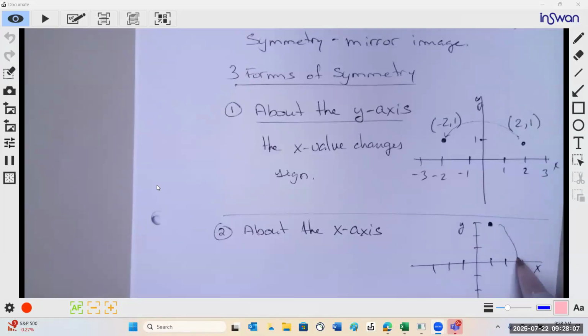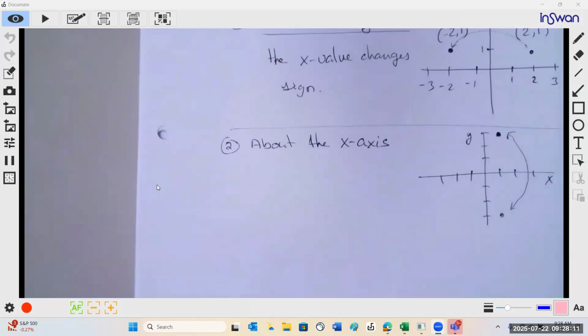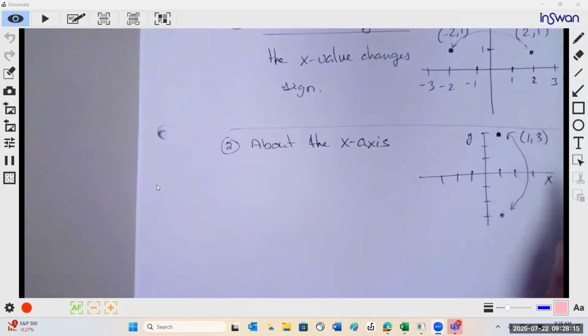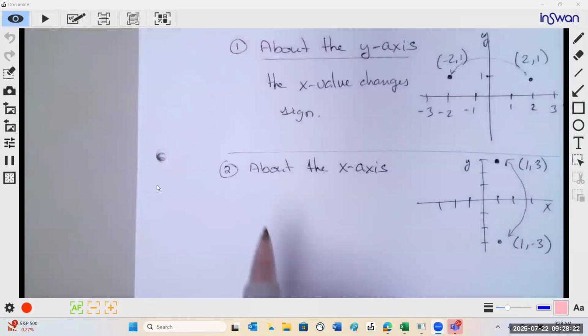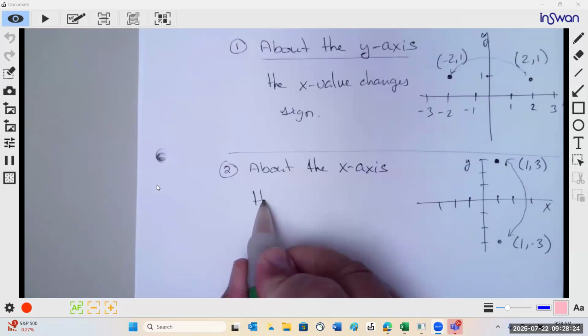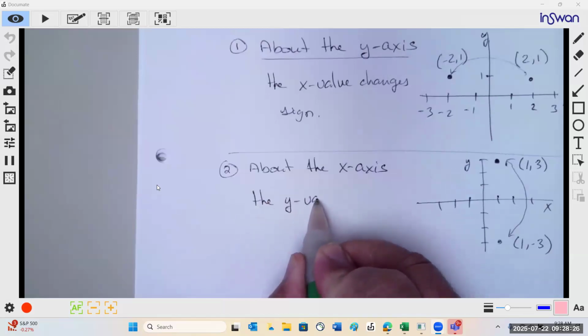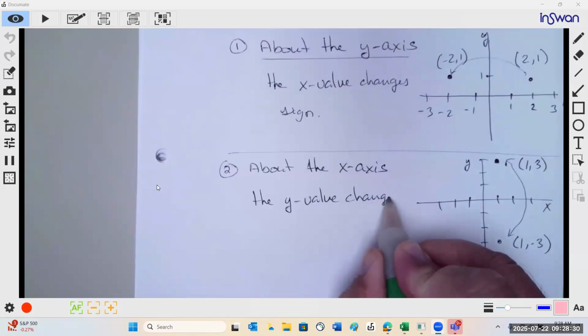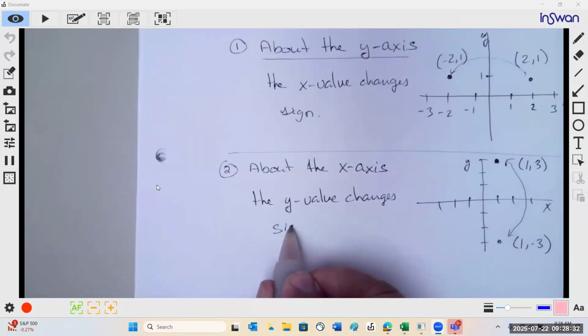If I flip this point all the way across the x-axis, what changes there? So this one is 1, 3. This one is 1, -3. What changes there? The y value changes sign.